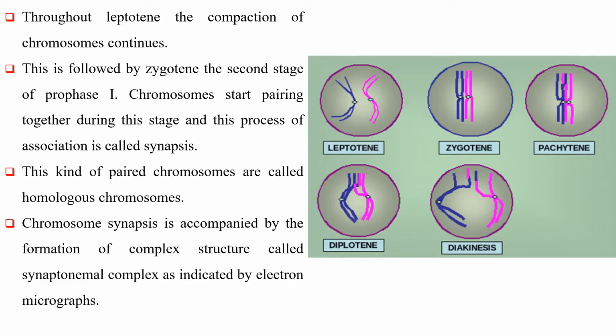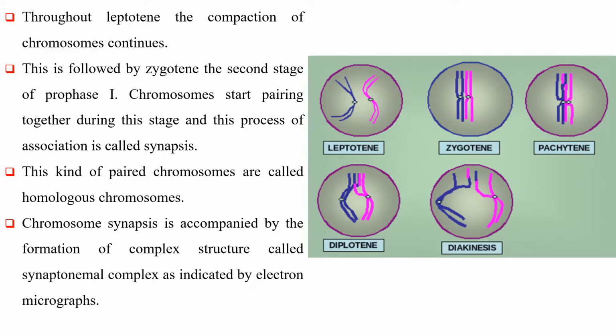Throughout leptotene, the compaction of chromosomes continues. This is followed by zygotene, the second stage of prophase I. Chromosomes start pairing together during this stage, and this process of association is called synapsis. Such paired chromosomes are called homologous chromosomes.